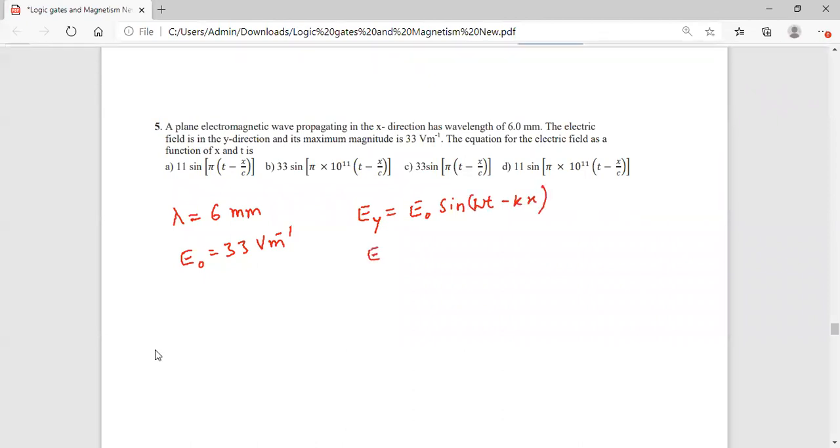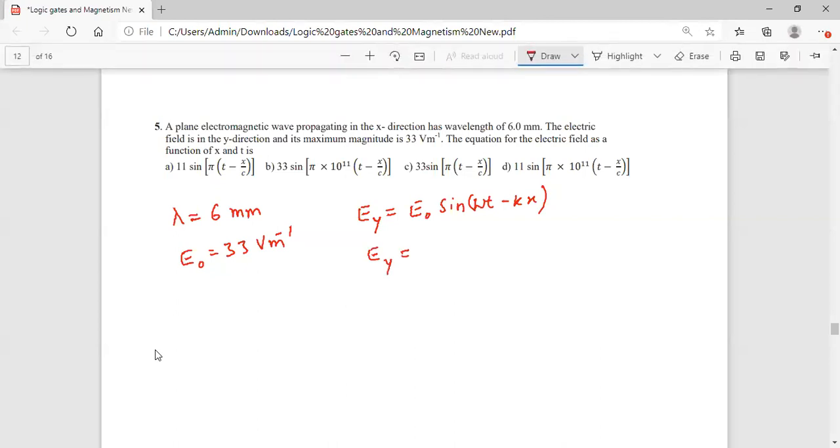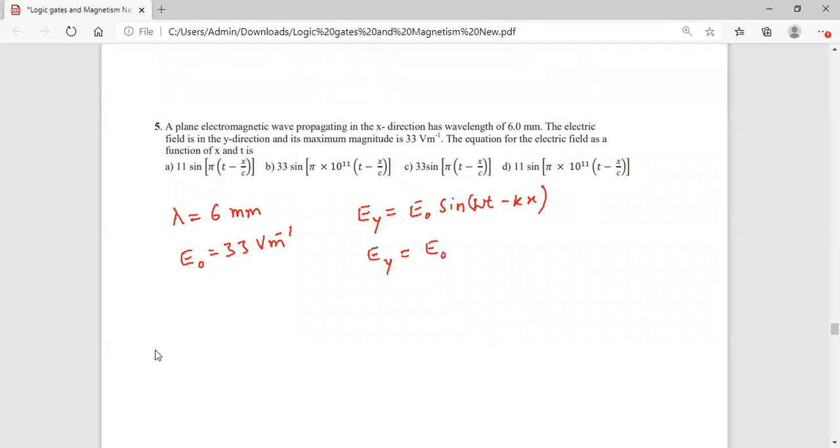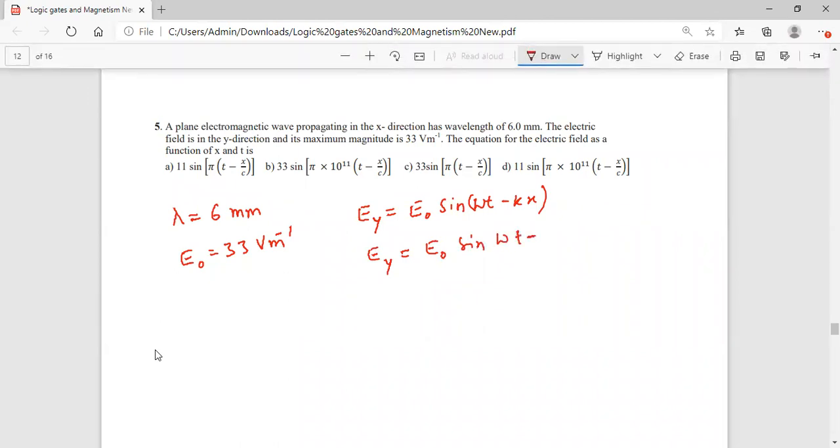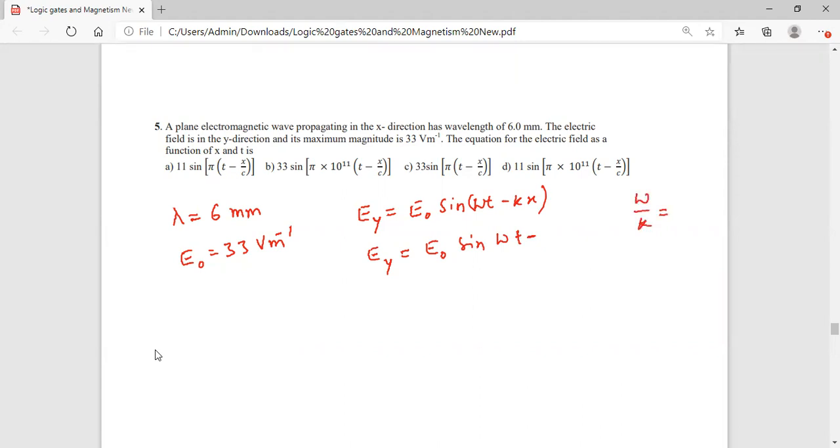And we can write that Ey is equal to, but here they are given t minus x by c. Therefore, I will substitute. We know that omega by k is equal to c, or k is equal to omega by c.